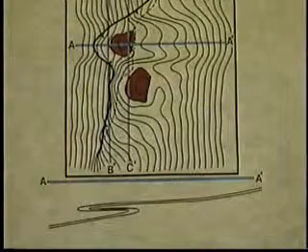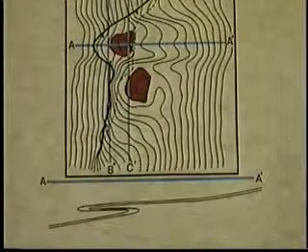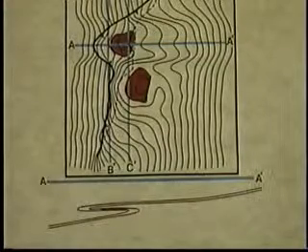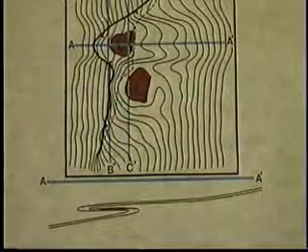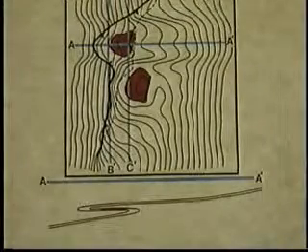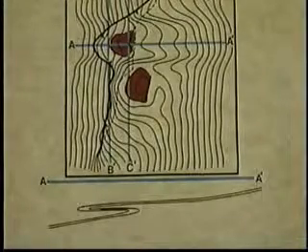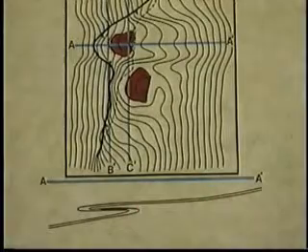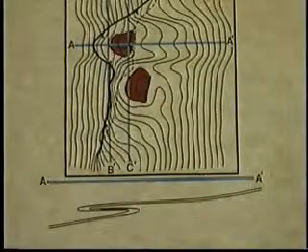Dip cross section A prime runs through the hidden closure. Like the previous illustration, the closure only exists on the underside of the fold. Monoclinal basinal dip is observed both above and below the closure.